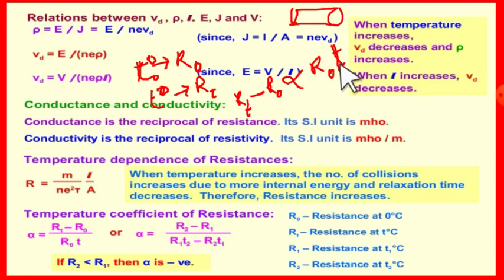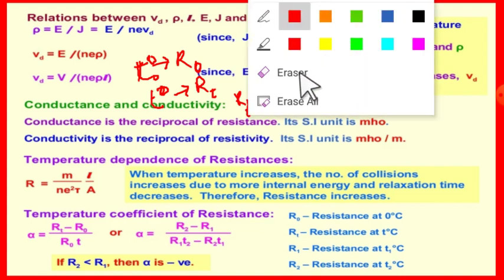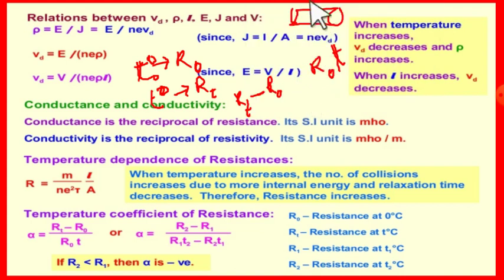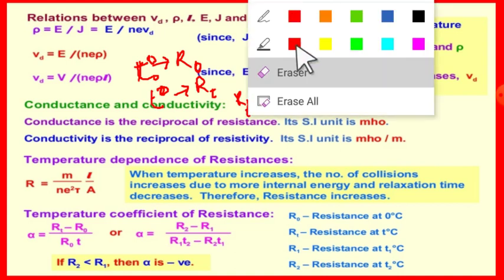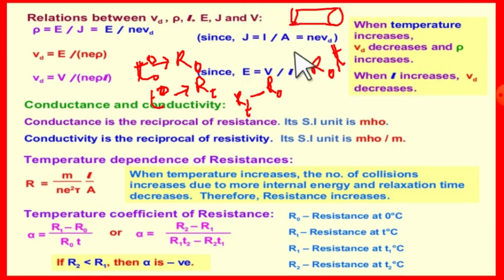Got it? So if you want to express this proportionality as an equality, then we will require a constant, and that constant is known as the temperature coefficient of resistance. Got it?